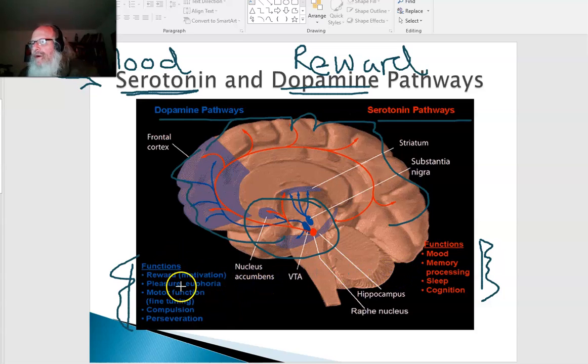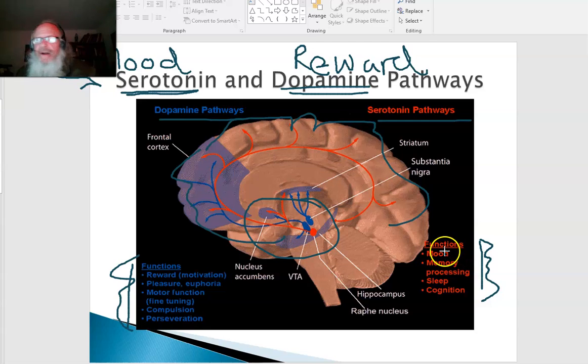Dopamine is reward, pleasure, motor function, including fine-tuning of motor function, the feeling of being compelled to do something behaviorally, and perseveration, which is a sort of fancy word for you start thinking about something and you start doing something and you don't quit thinking about doing that thing.